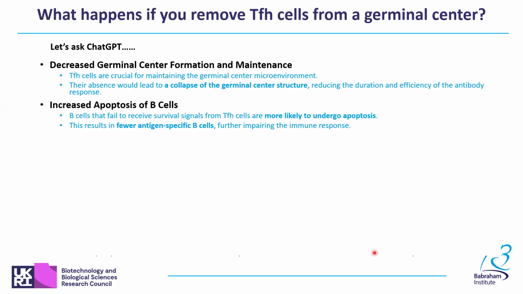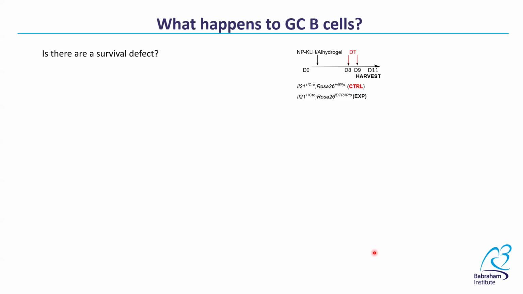We then went to look at what happens to the survival of these germinal center B cells. If we take away the TFH cells, is there increased apoptosis? So we went a day later this time because we know that actually the germinal center B cells decrease in number after day 10. And so day 11 seemed a better time point to look at.